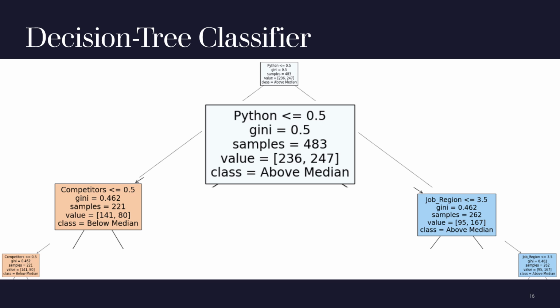It simply means that there are 483 samples before it's split to above and below median. What is rather interesting is that if a company does not have competitors, more often than not, they'll be more than happy to pay you below median for the same job in another field.